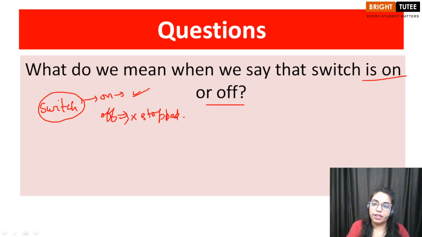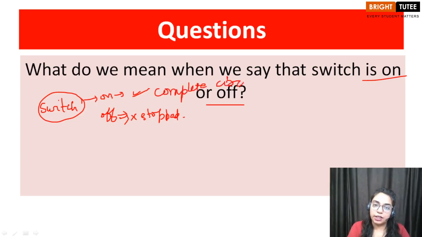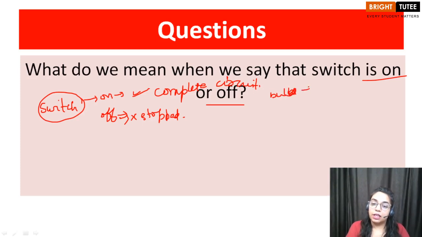So children, whenever we say the switch is on, it means we have a complete circuit through which the current is flowing, and therefore it will make our bulbs glow. If we connect a bulb to a circuit, it will be in on position, then it will glow.